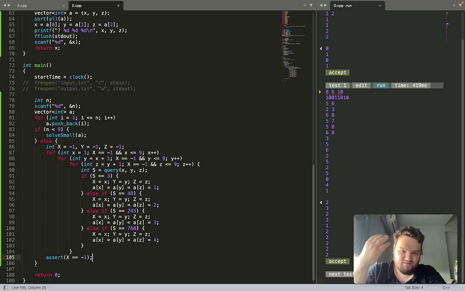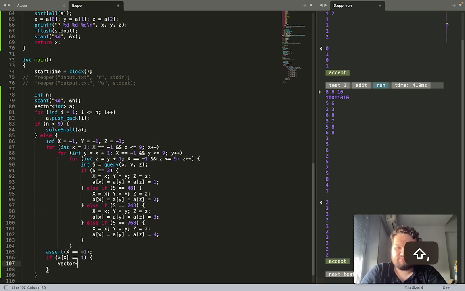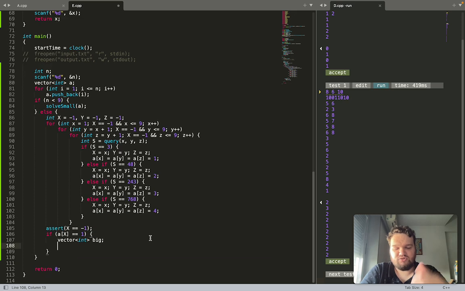I know that I have to find a triplet of equal elements. Now, if the values that I found are ones, then I will try to find, I guess, 7 elements that are not ones by doing linear search.